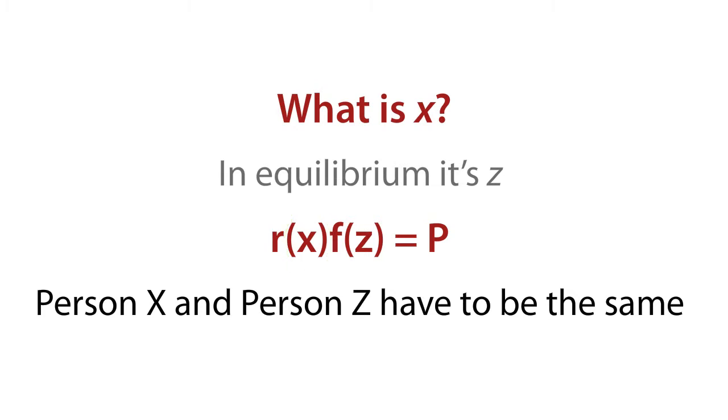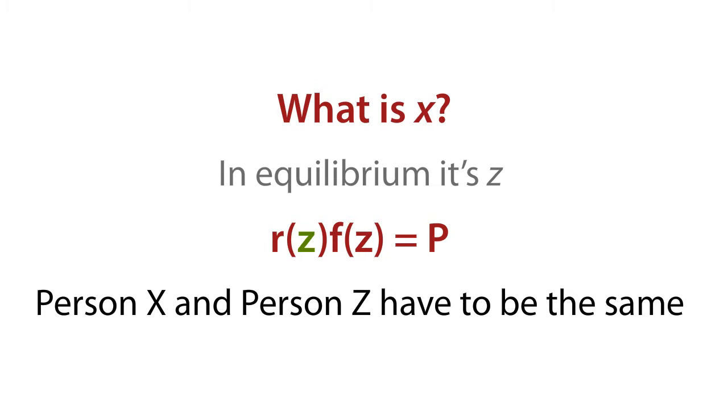But if it's an equilibrium, then X has to be equal to Z. And that actually gives us the procedure to use to find the equilibrium fraction Z using the product. It's just a fraction Z using the product that solves F of Z times R of Z equals P. So all we've done is plug Z into R in place of X, because we know in equilibrium, if you guess Z, Z has to be the critical person buying the product.